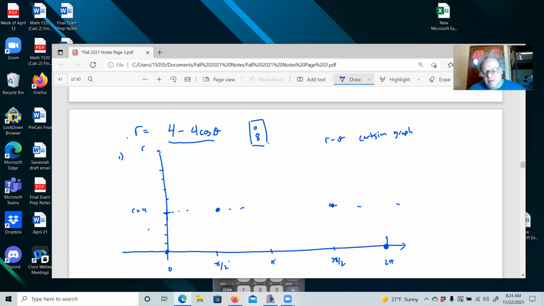And if I put in pi, the cosine of pi is negative 1, so negative 1 times 4, then 4 plus 4, so we're going to go up to 8. The r values are all positive, thank goodness, so I don't have to loop around anything or think about things backwards.